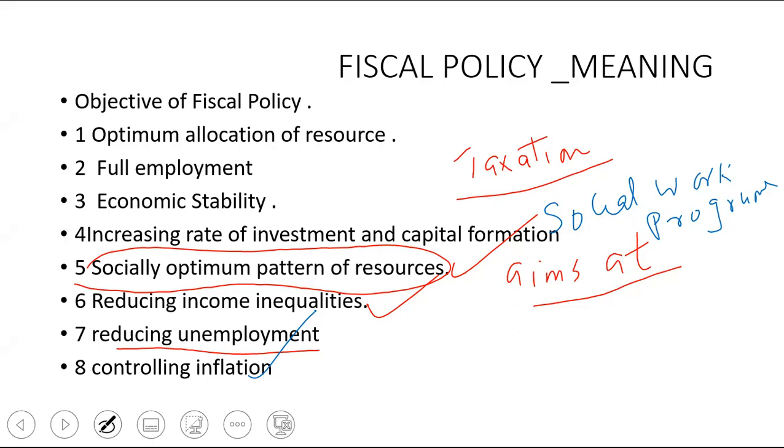Full stop. Price level has to be stable in the economy.